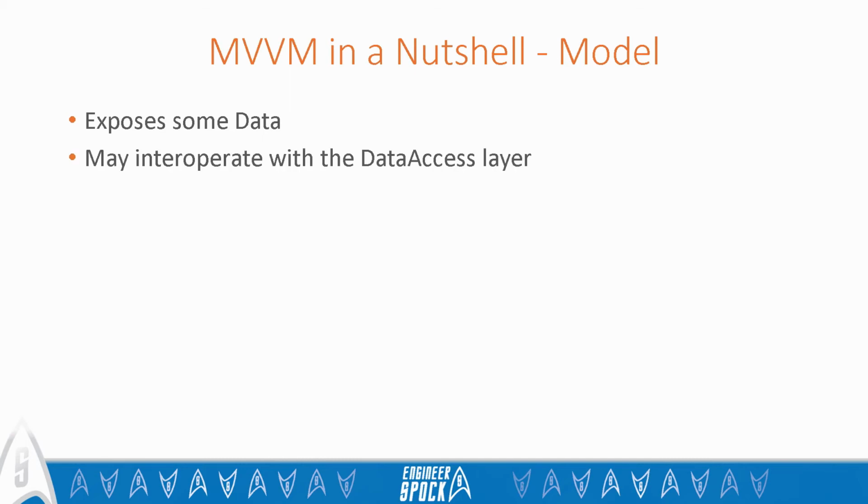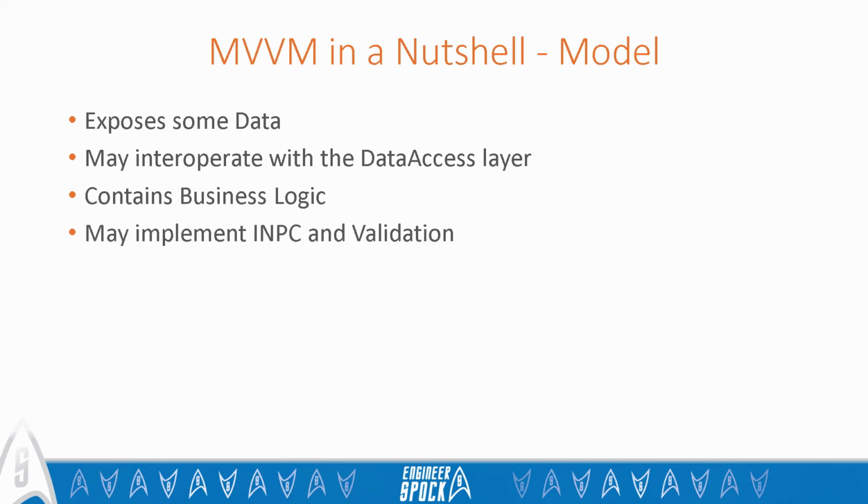A model may contain some business logic that can be expressed in the form of computed properties, validation rules inside methods of a model, custom logic inside updating methods, and so on. A model may implement the INotifyPropertyChanged interface as well as may not. It depends on the form of MVVM.